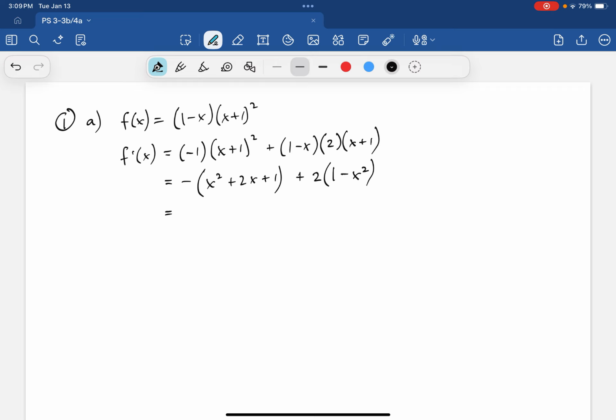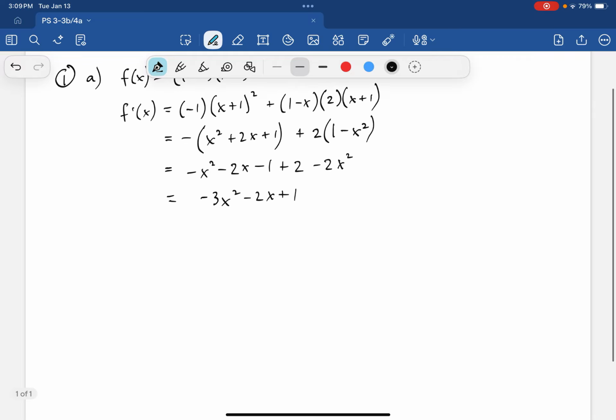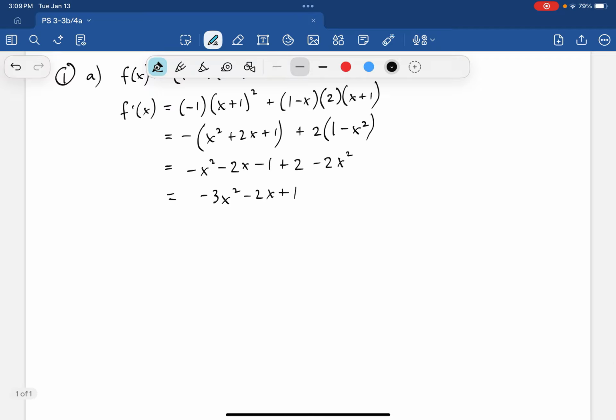And this will yield -x squared minus 2x minus 1 plus 2 minus 2x squared, which equals -3x squared minus 2x plus 1. This is something that we're going to have to factor in order to find those critical numbers. So I'll factor by grouping.